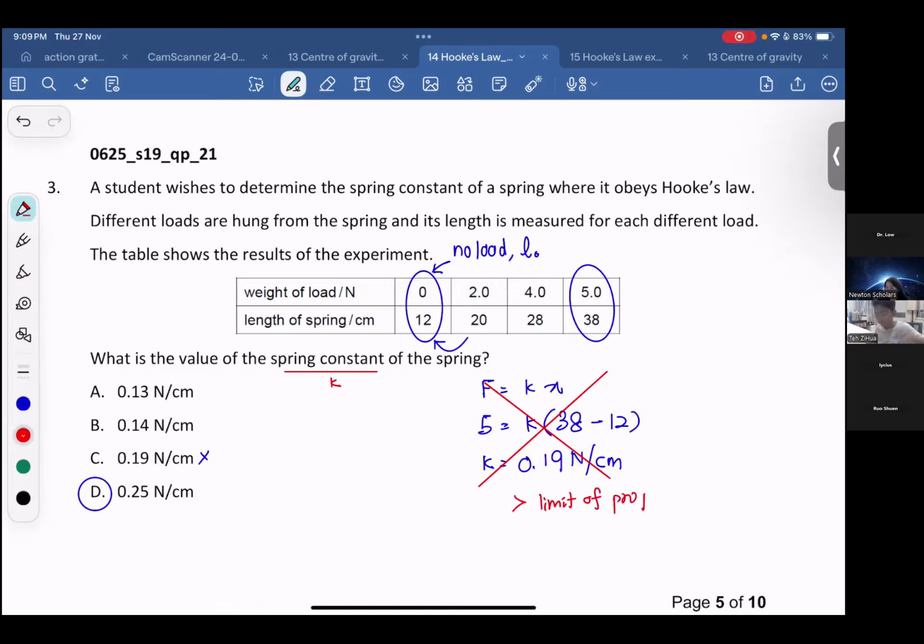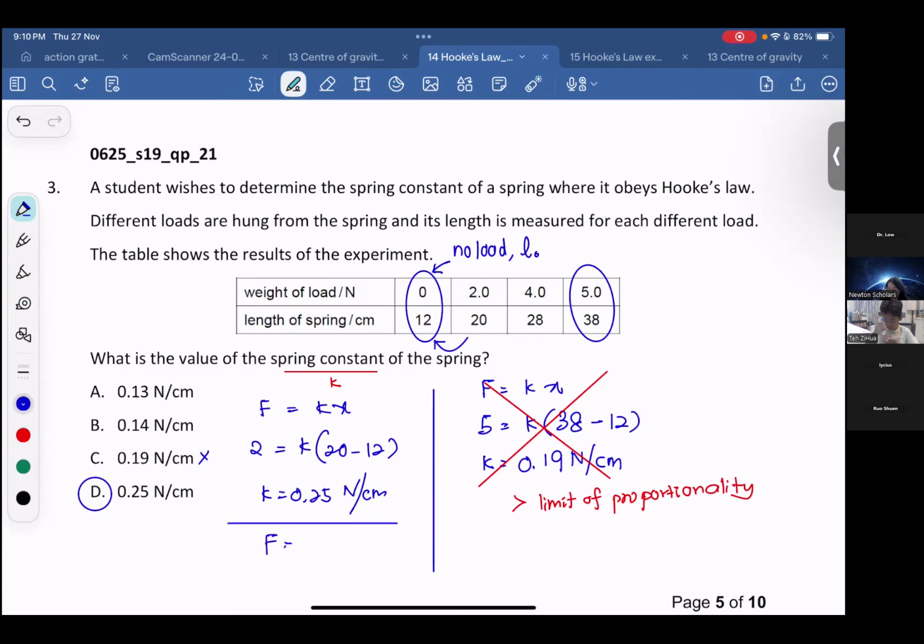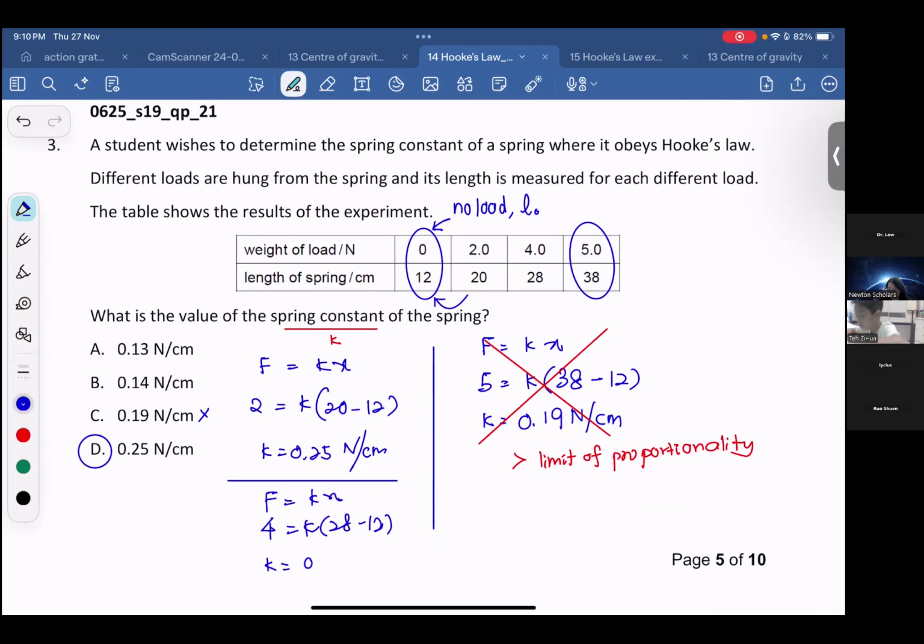of proportionality. So what should I do? F equals Kx. 2 Newton equals Kx. X is the extension, 20 cm minus 12 cm. So your K should be 0.25 Newton per cm. Just now I already tried to count: if I use 4 Newton, 4 equals K times 28 minus 12, and I also get 0.25 Newton per cm.